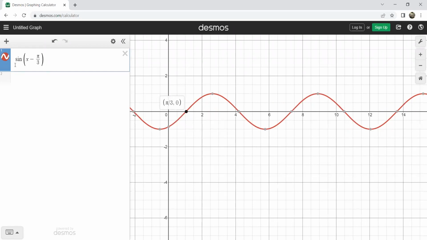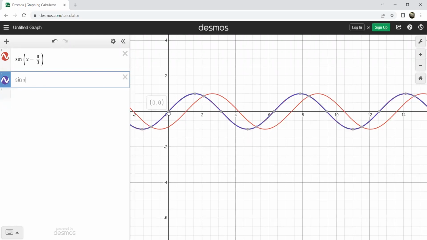Guys, again, the behavior of this function is different from the behavior of sine of x. This is sine of x. Sine of x hits the x-axis at the origin. But this function is shifted pi over 3 to the right-hand side. So the very first x-intercept is going to be pi over 3.